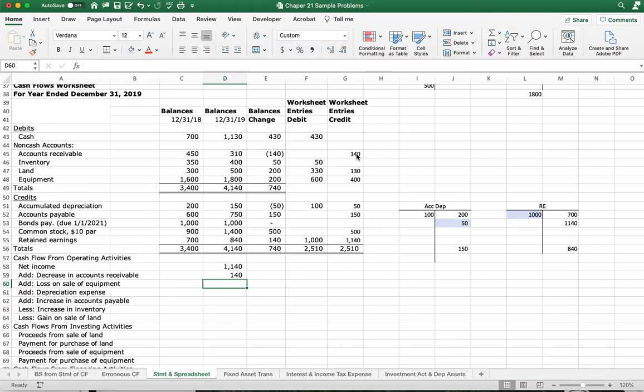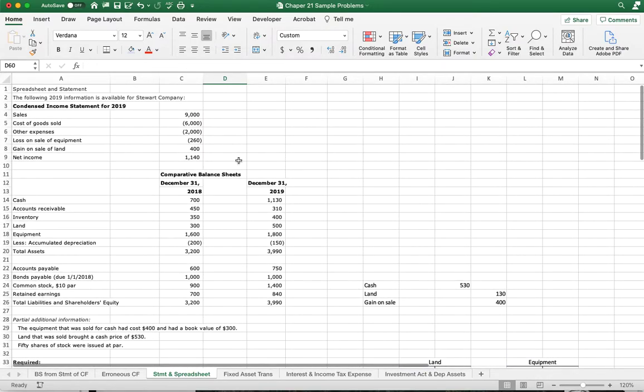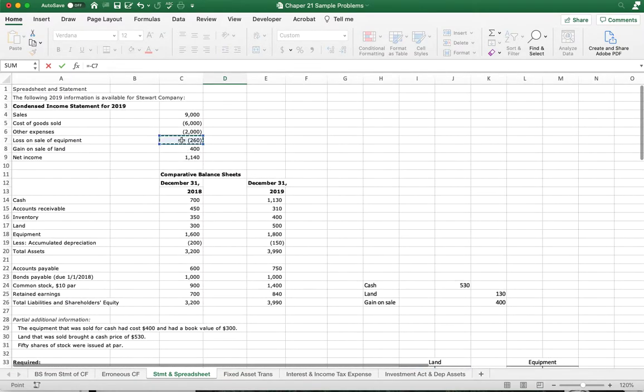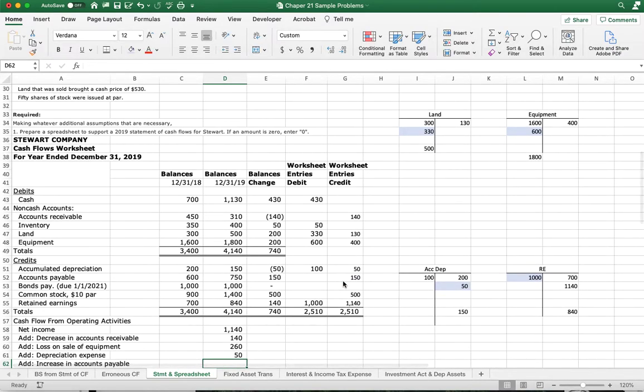Add the loss on our sale of equipment, and that was $260. Now add our depreciation expense, which we have as the credit to our accumulated depreciation for $50. Add the increase in the accounts payable of $150.